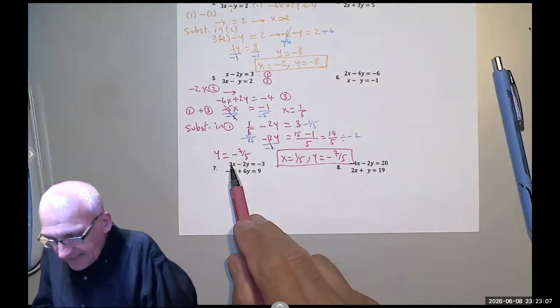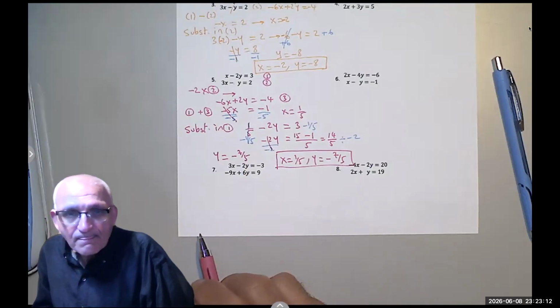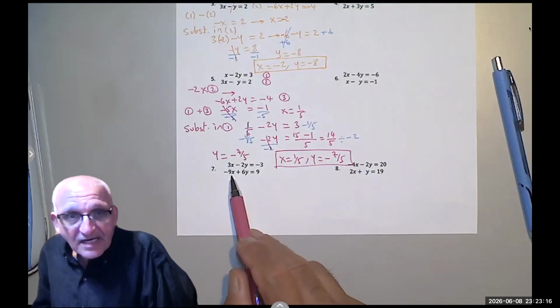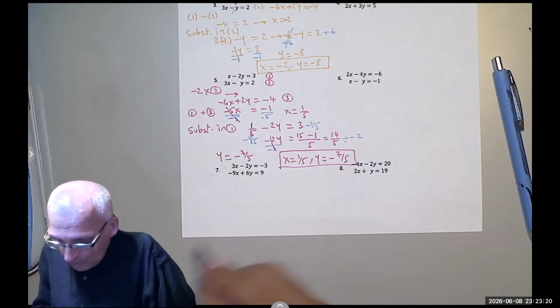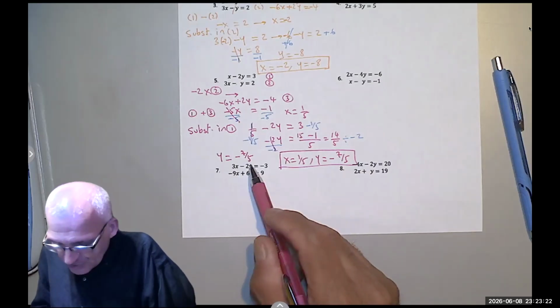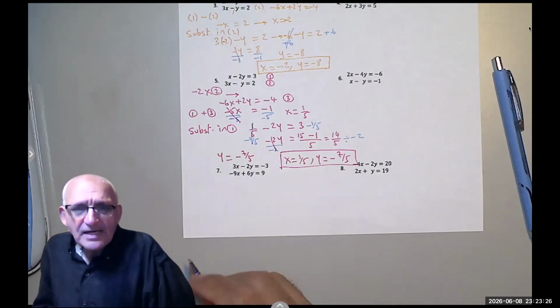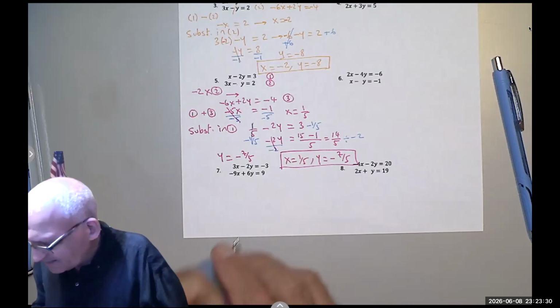Last one. I have 3 and negative 9, negative 2 and 6. Common denominator here, least common multiple is 9. So I can multiply the top by 3. Or I look at the y, negative 2 and positive 6. I also multiply the top by 3. Something seems fishy.